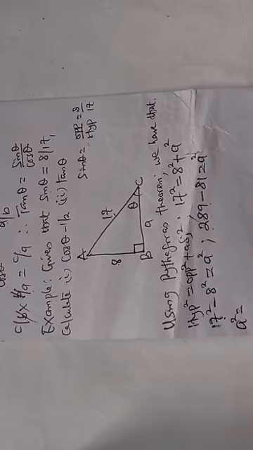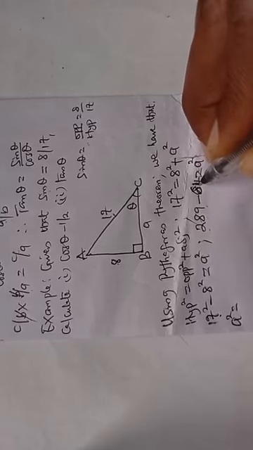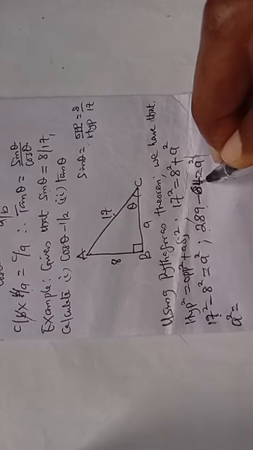So let's continue. Sorry, please. Here should be giving 64, please. This is 64, not 81. Okay? So this minus this will give me 9 minus 4 is 5, 8 minus 6 is 2.